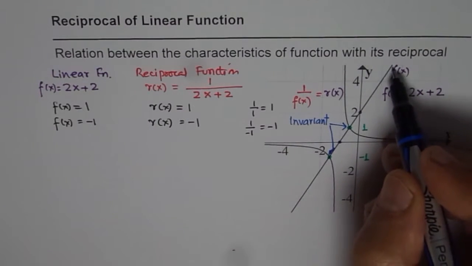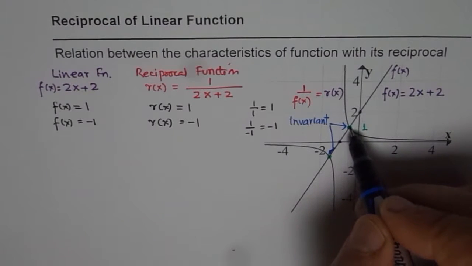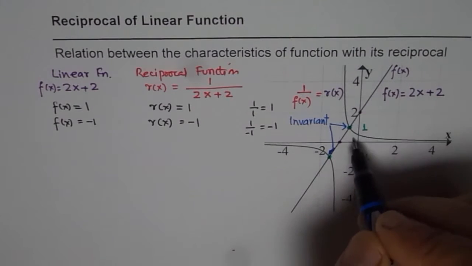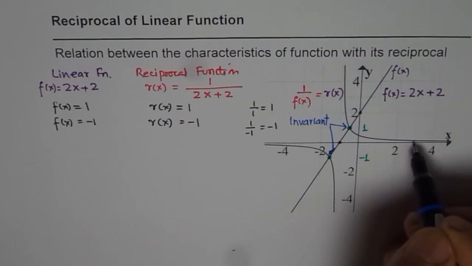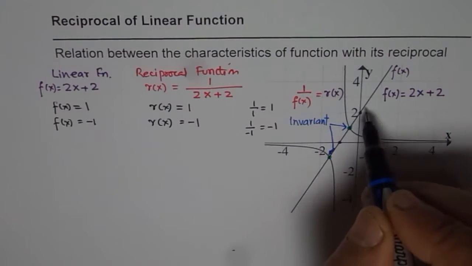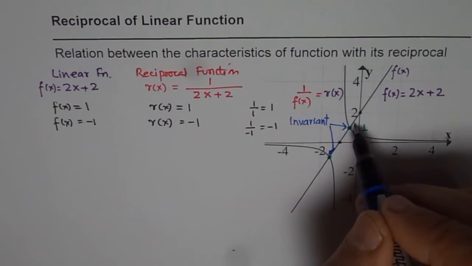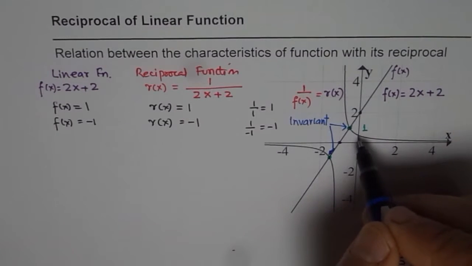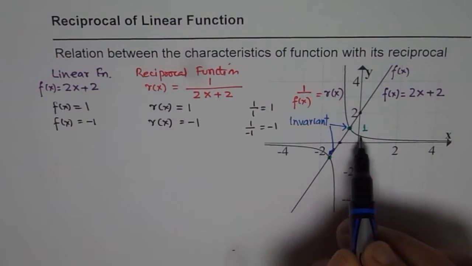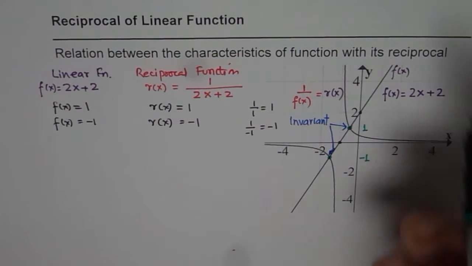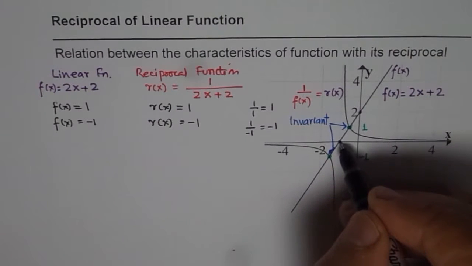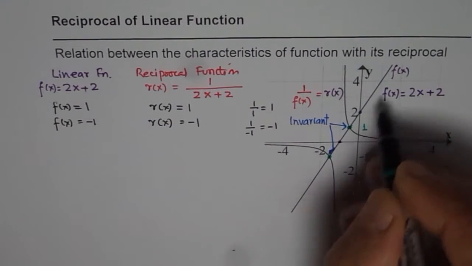Now, these are the points at 1. So let's look into the linear function. As we go to higher values, where y values are more than 1, what happens to the reciprocal function? They become lower and lower, correct? So as f of x increases, goes away from 1, the reciprocal becomes closer and closer to x axis, correct? Before that, what we also notice here is that whenever f of x is positive, do you see this? From here onwards, f of x is positive.